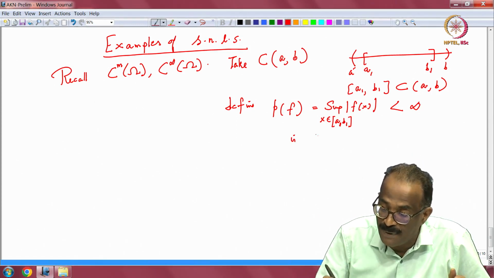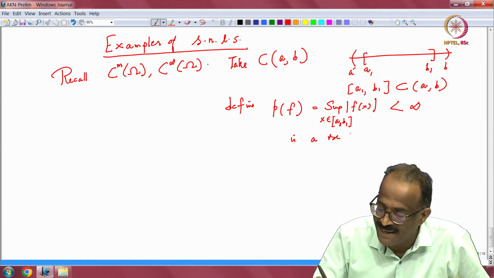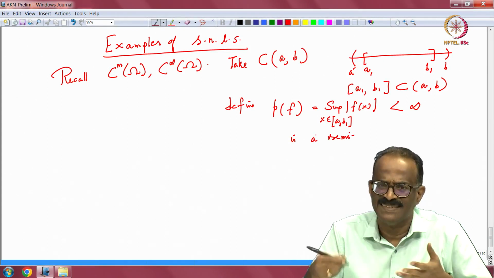P is a semi-norm on C of [a, b]. You can easily check that, because it is essentially the norm.